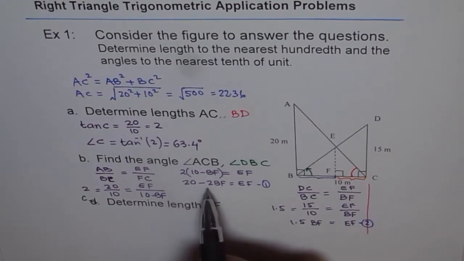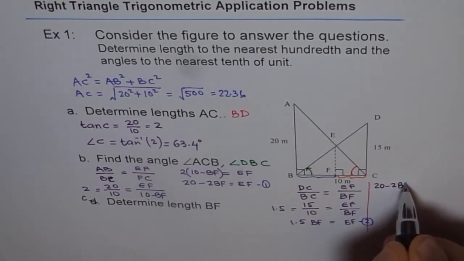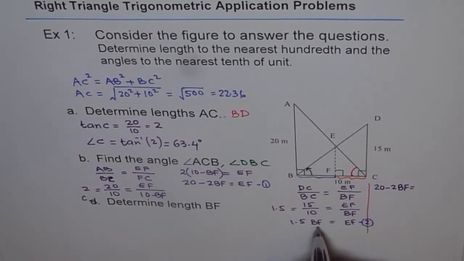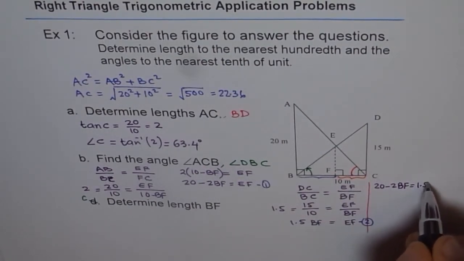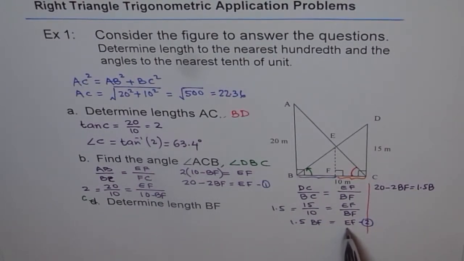So we say 20 minus 2BF is equal to 1.5 BF. It's like solving two equations, right? Eliminating EF. So we substituted the value of EF from 2 in 1, correct? So we got this.